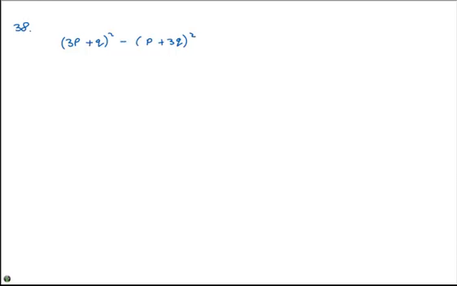So hopefully maybe you're looking at that now with fresh eyes and you're saying, yeah, I could do that with the difference of 2 squares. If you can't, no problem, multiply out the brackets. There's the second part of that expression there with the minus and the 2 brackets.